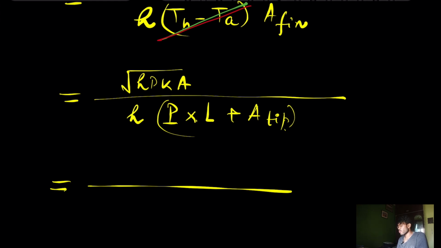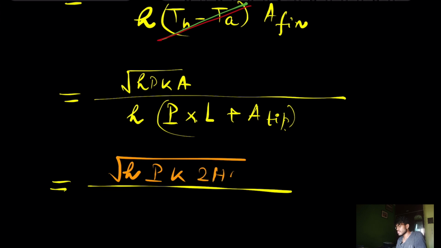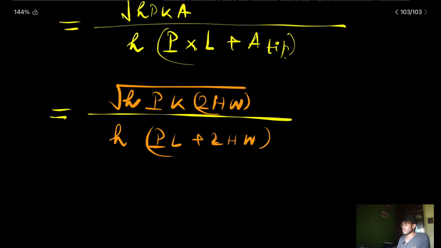so now we have to make some approximation, so let me write it in details. This will be H. Now this perimeter is what, this perimeter is the same perimeter, okay, and K into this H is 2HW, right. Now here I have A, P into L plus 2HW, right, okay.